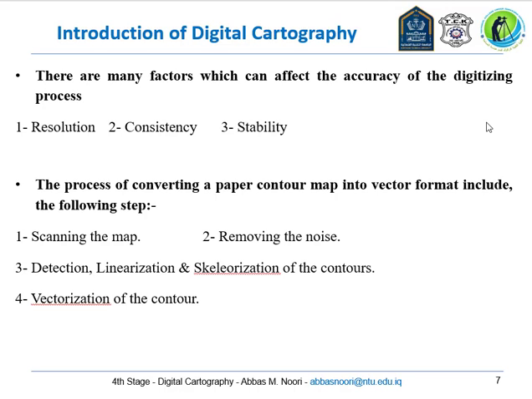Then detection and linearization: when you have a road, you detect the road, and you put the mouse or the pen on the road and trace this road with stability. And then vectorization of the contour, how you convert this contour to vector, like a line.